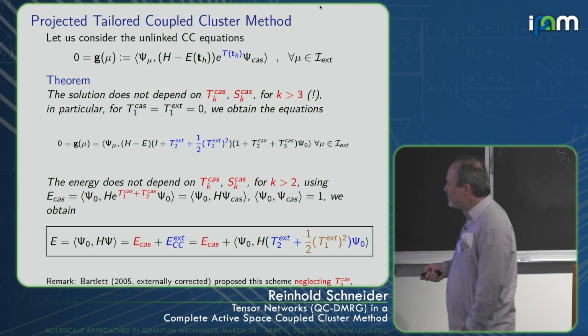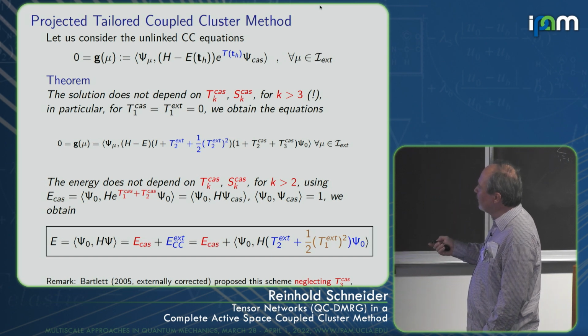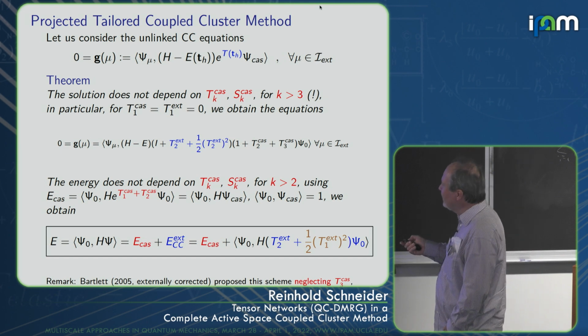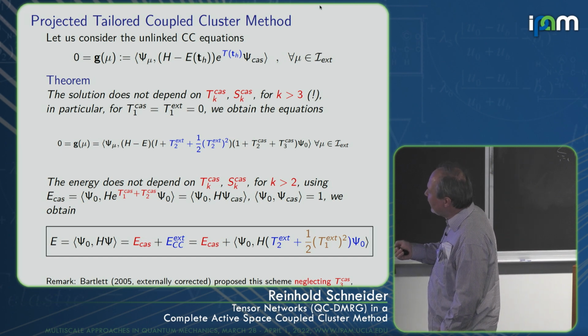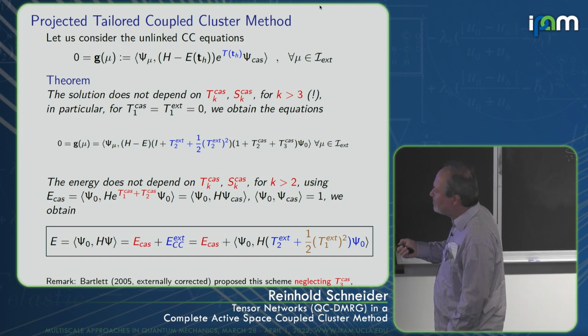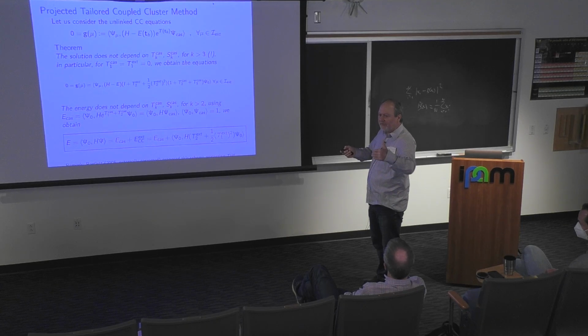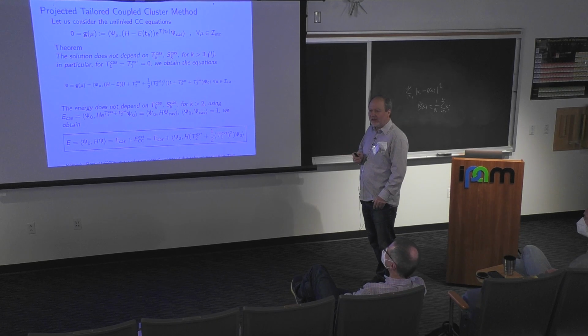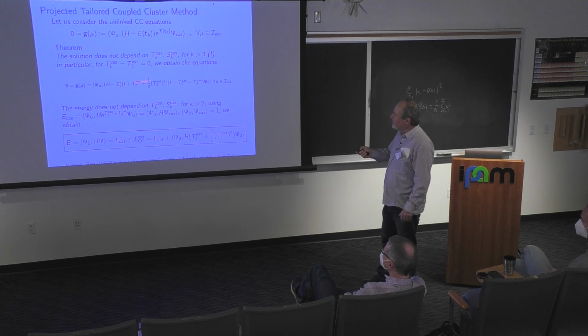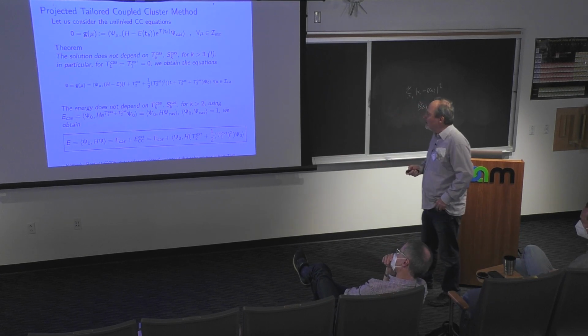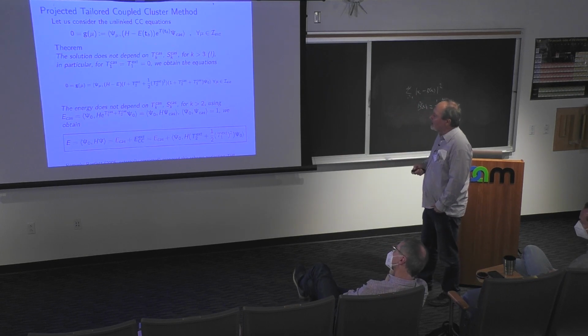It was suggested by Bartlett to drop this term, because they are entering only with this mixed excitation, where one is excited to active and the other excited to the externals. Then we use Slater-Condon rules. So that's an important excitation.